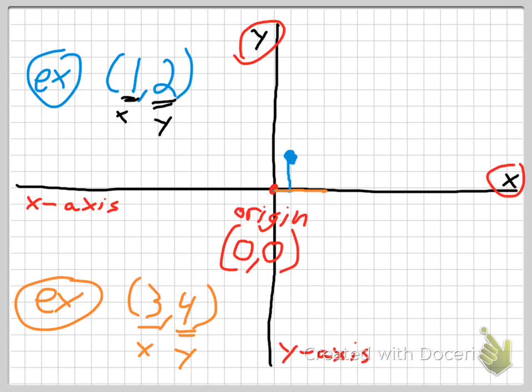On my y-axis here, I need to move positive 4. 1, 2, 3, 4. Right there is going to be my point. Now, when you're really making points here, you don't actually have to include all of these lines. You would just have a point to show where those spots are.